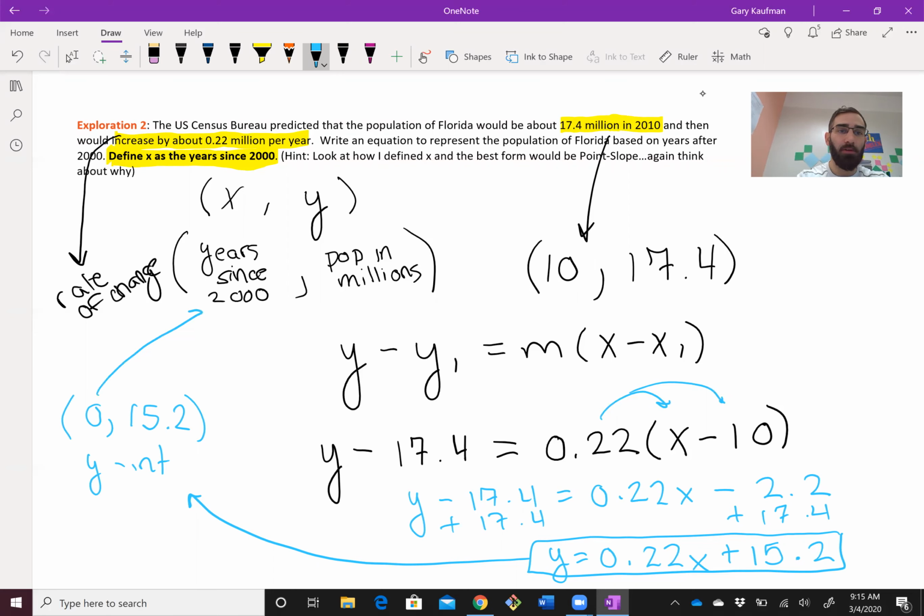Match it up. 0 years since 2000, that's 2000. I have a population of 15.2 million. So sometimes we can manipulate one equation into another based on the information I'm looking for. So again, feel free to pause this if needed to look this through. Otherwise, let's go on to the third one.